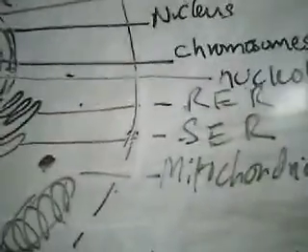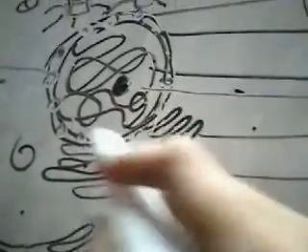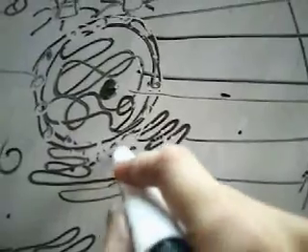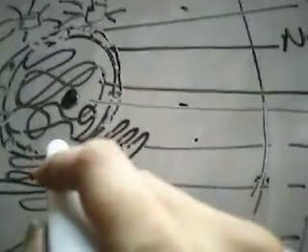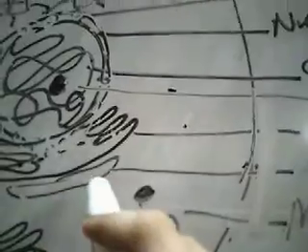We discussed the same thing in plants as well. What was the rough endoplasmic reticulum? This area with this dotted region is called rough because it contains these dots. These dots are actually ribosomes. So the rough endoplasmic reticulum has ribosomes, whereas the outer portion, the outer stacks, have no ribosomes, so it is called smooth endoplasmic reticulum. Ribosomes are present on the rough side and smooth has no ribosomes.